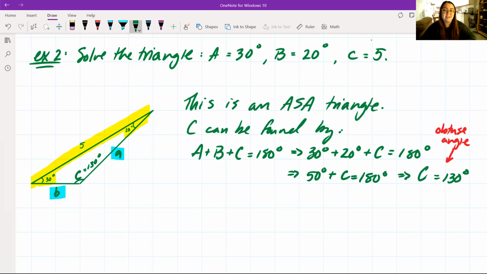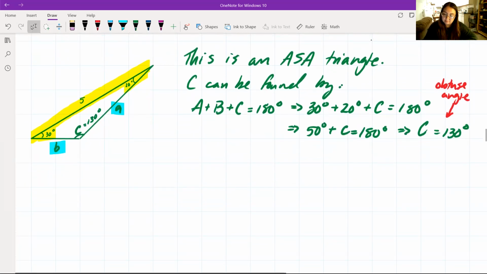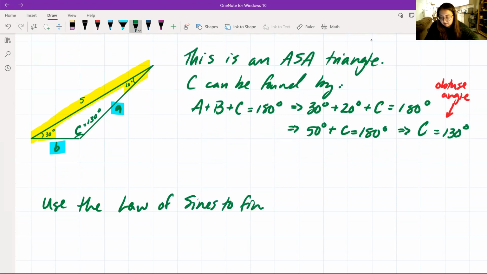And we're going to do the same thing as we did in our last problem. We're going to use the law of sines to find the values of a and b.